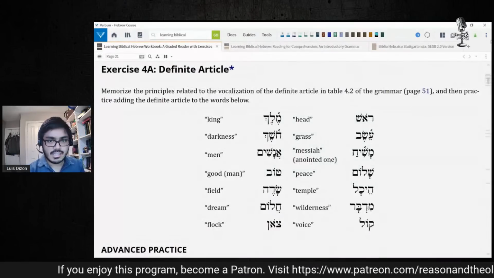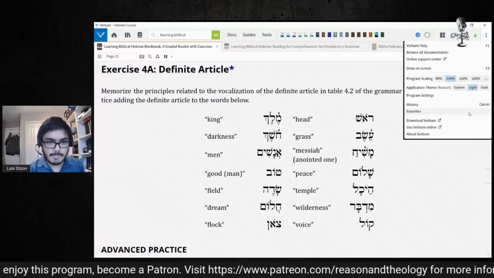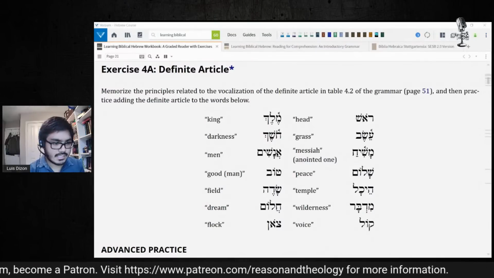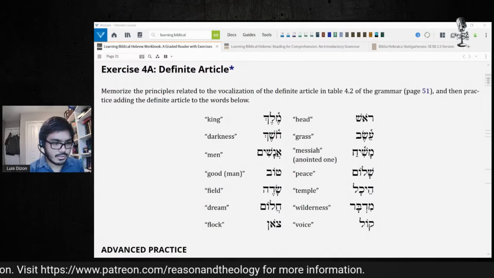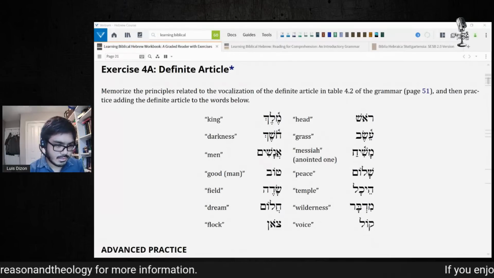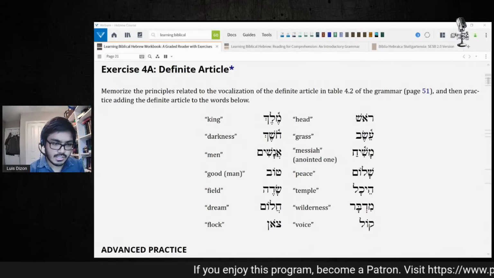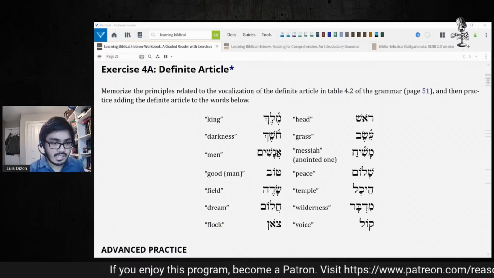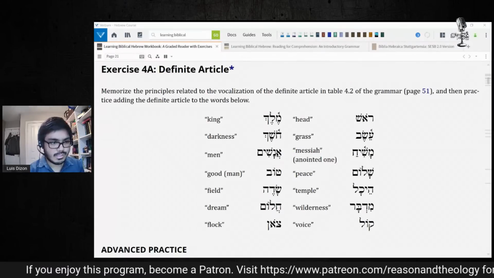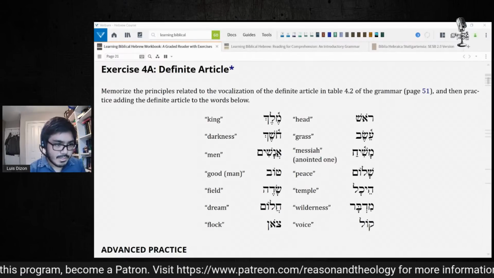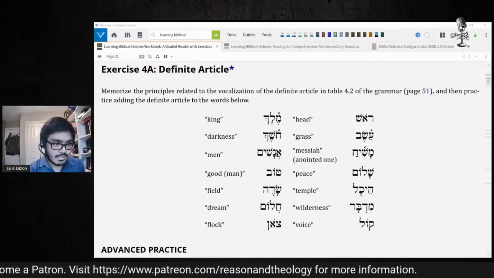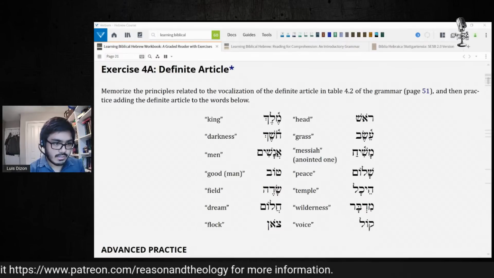So looking at this, let's take a look at some of the nouns that we have. You have melech, choshech, anashim, tov, sadeh, chalom, tzon, rosh, esev, mashiach, shalom, hechal, midbar, and kol. So for melech, it's a fairly straightforward he with the patach. So hamelech.